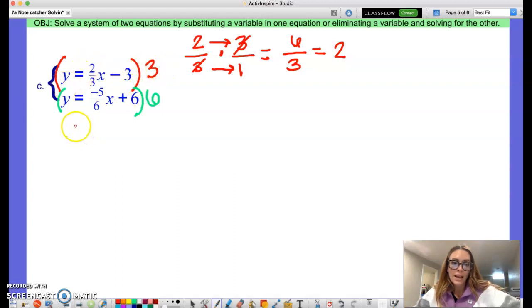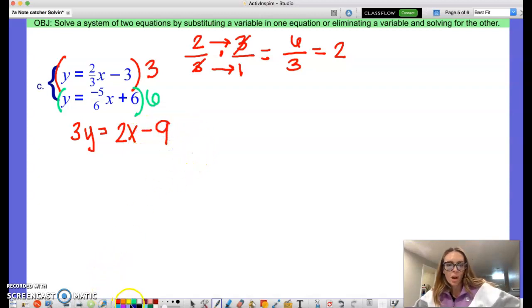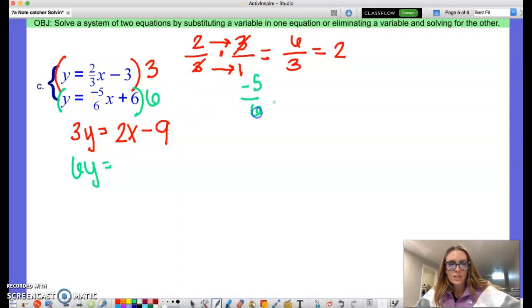3 times y is 3y. 2/3 times 3 we figured out is 2x. See how that fraction's bye-bye now? Minus 9. Our bottom equation, we're going to distribute this 6 in there. We're going to have 6y equals, well, negative 5 over 6 times 6 over 1.